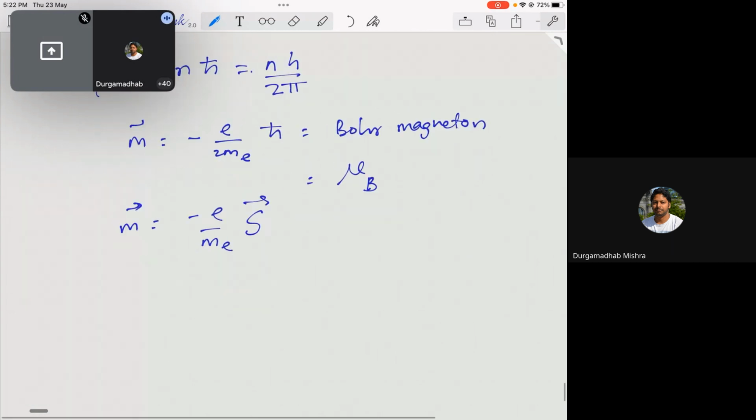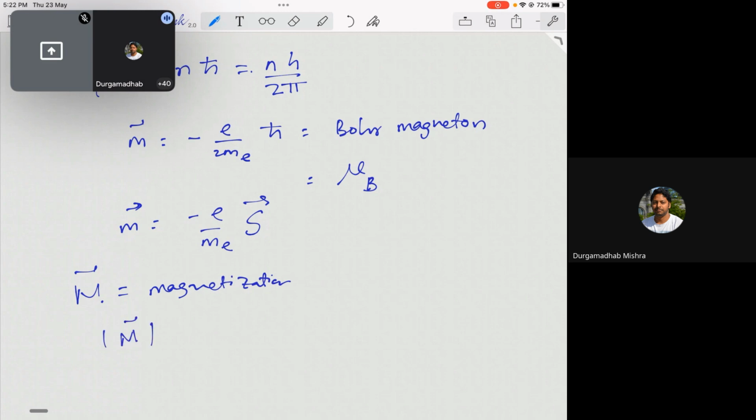Then you can define a term known as magnetization, which is the dipole moment per unit volume. You find the summation of all the atomic magnetic moments and divide by the total volume, and you get the magnetization, which one can measure experimentally.